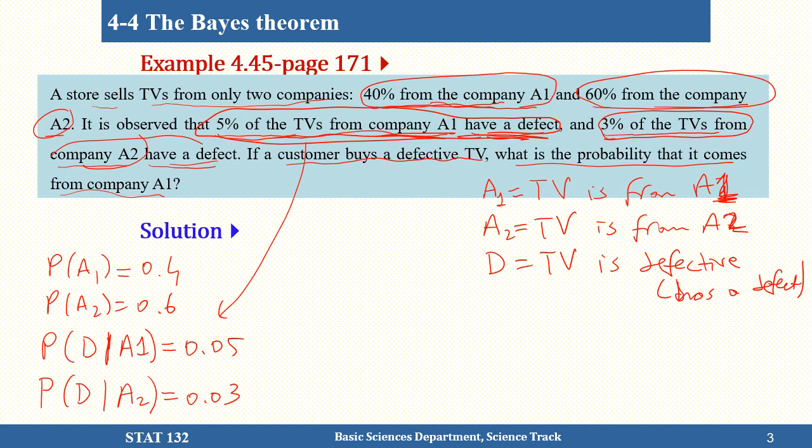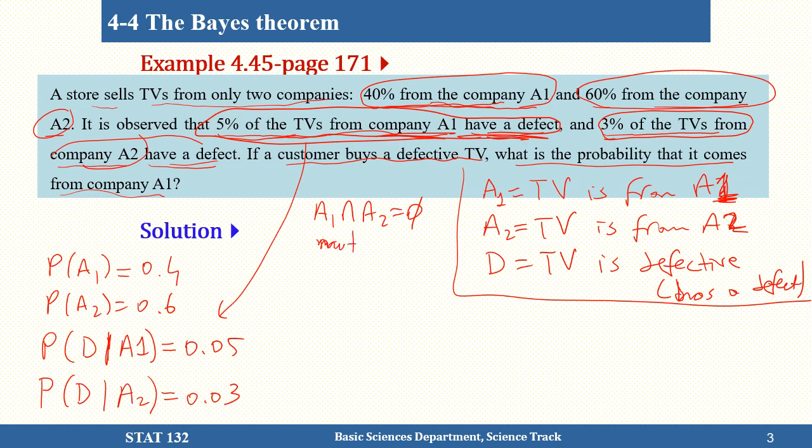Now we have them, and let's check some of the things. First, A1 and A2 don't have anything in common because a TV only belongs to one company, so they have no common TVs, and we say they are mutually exclusive.